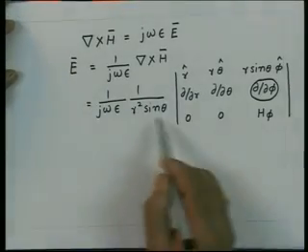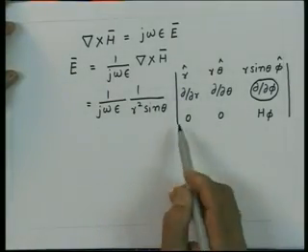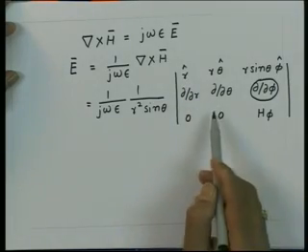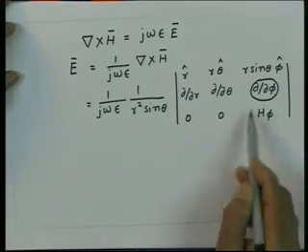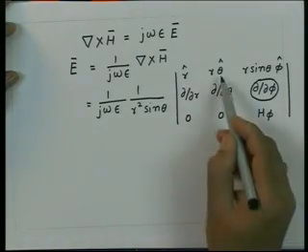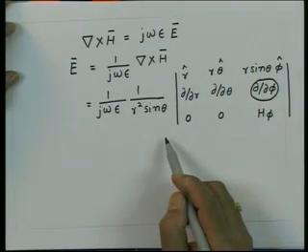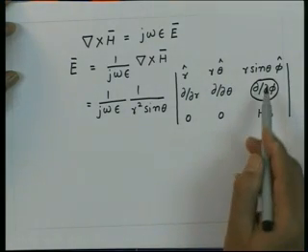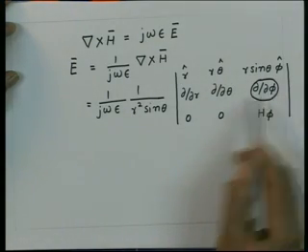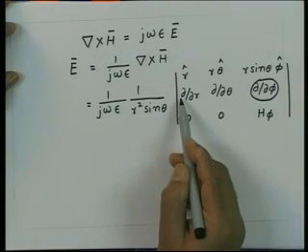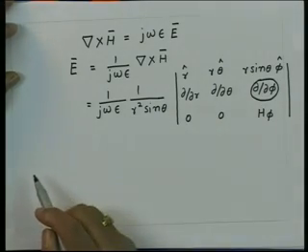Simplifying and taking out the components, the r component will be d by d theta of H_phi, and the theta component will correspond to the derivative d by dr of H_phi.